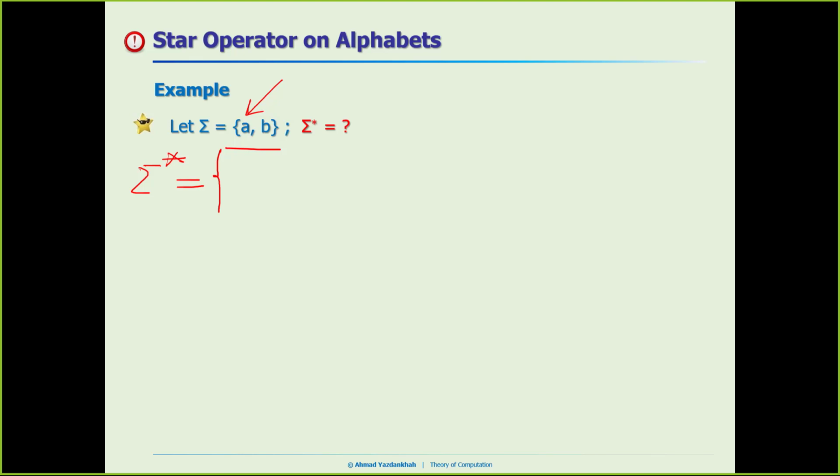Zero concatenation always gives you lambda. One concatenation gives you A, B. Two concatenations, this is getting interesting, give you AA, AB, BA, BB. So you see, all possible strings again and again.